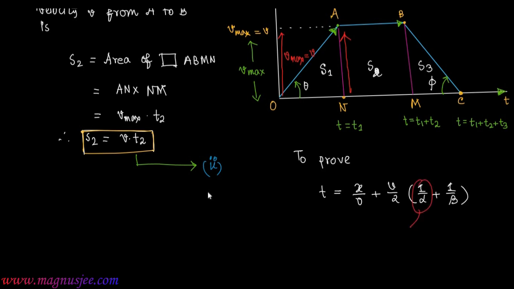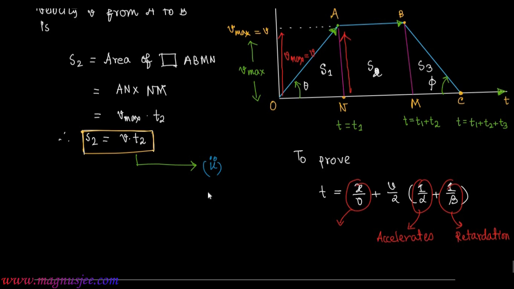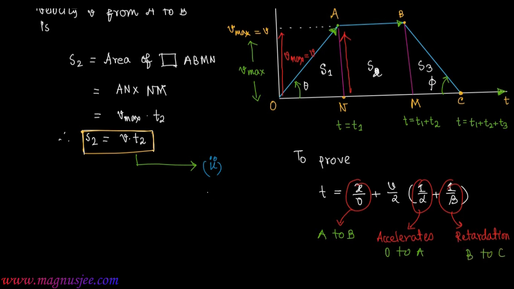The term V by 2 into 1 by alpha will come for the accelerated motion of the train, and for the term V by 2 into 1 by beta, we should consider the motion of the train with retardation, and for the term x by V, distance divided by V, we should consider the motion of the train with uniform velocity from A to B, and for 1 by alpha we should consider the motion of the train from O to A, and for 1 by beta we should consider the motion of the train from the point B to C.